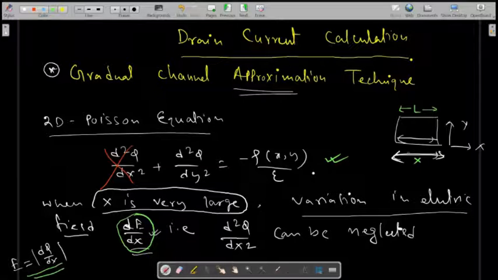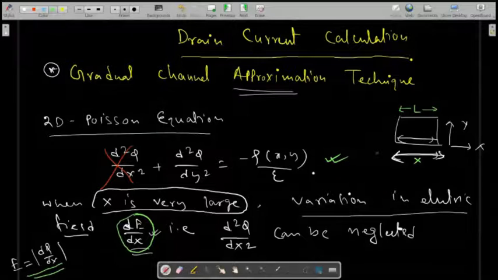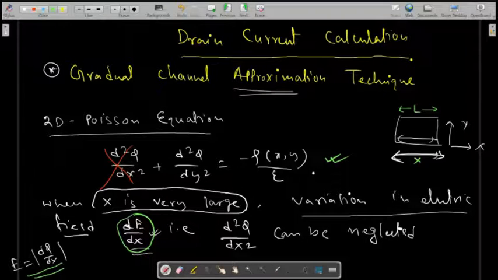Electric field is the derivative of potential, so we can say the potential is varying almost linearly. So d by dx of that term will be close to zero, because E is almost constant, and the derivative of a constant is zero. So it is negligible.